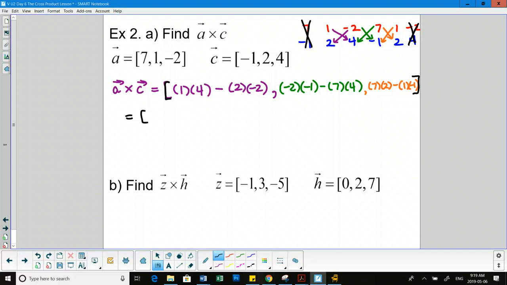Okay, and then we're just going to simplify each little component here. So we get 4 plus 4, that gives us 8. We get 2 minus 28, which gives us -26. And then for our last one, we get 14 minus 4, which gives us 10. Ms. Michaelis, why is the very last term in that 1 times 4?